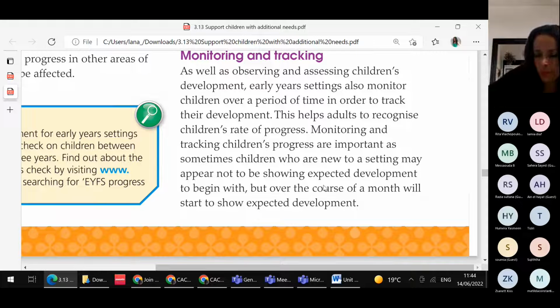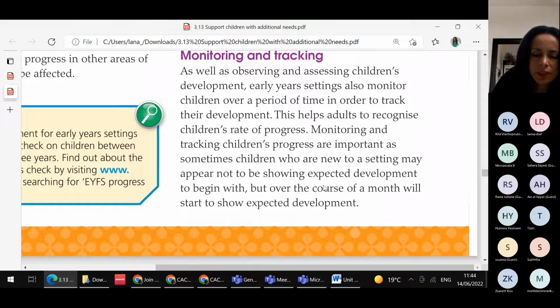Is he progressing 20%? If you compare it to other children, 100% developing, the child is 50%. So we give him a rate for the development, and then from there we compare him with others.